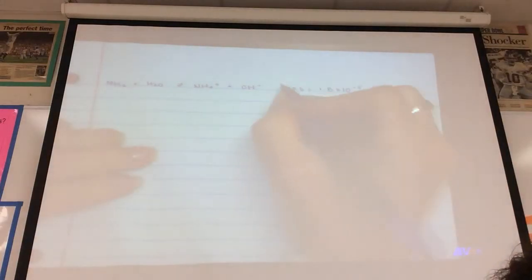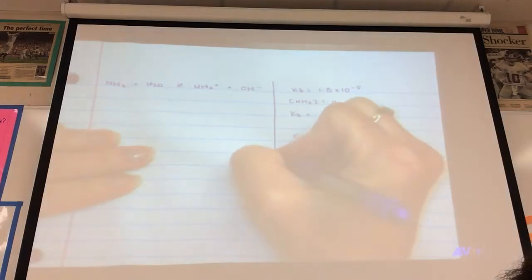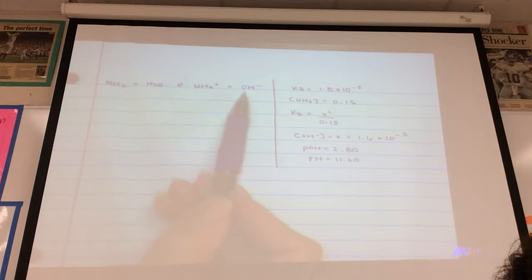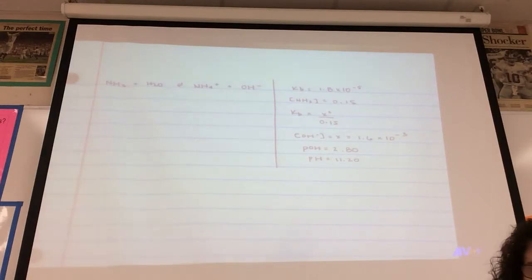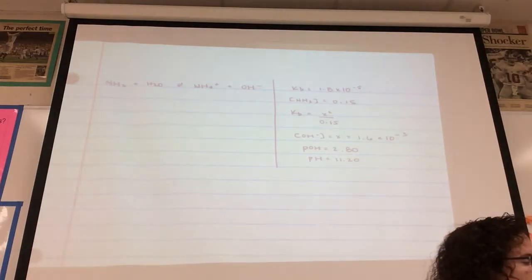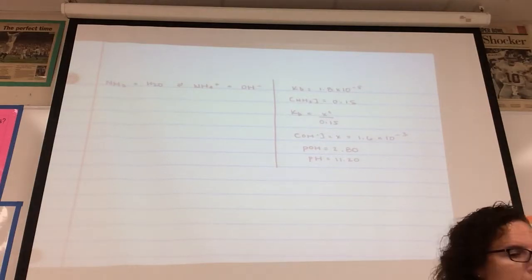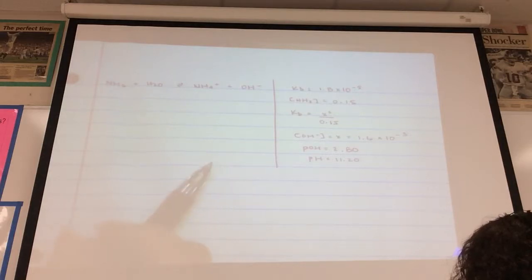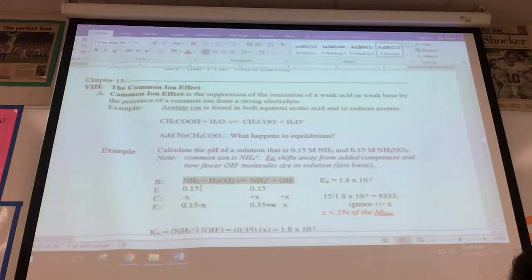This is if you only have ammonia and you don't have any ammonium ion or hydroxide ion, just as we had done previously. But in this example shown here, and this is written out for you in your notes, let's take a look. We've got 0.15 molar ammonia, but we also have 0.35 molar ammonium ion.